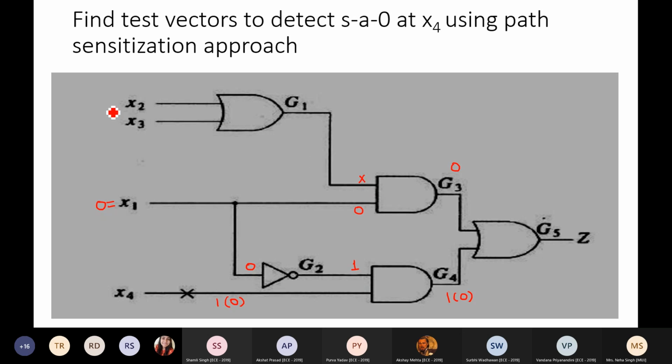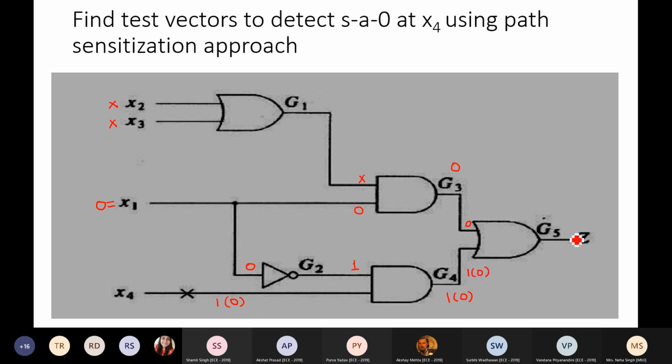It means my x2 and x3 also are defined as don't care. Whatever be the value here, that will be giving G1, which is a don't care, right? G3 becomes input to this G5 OR gate. एक input 0 हो गया, दूसरा faulty input is 0 and the actual input is 1.